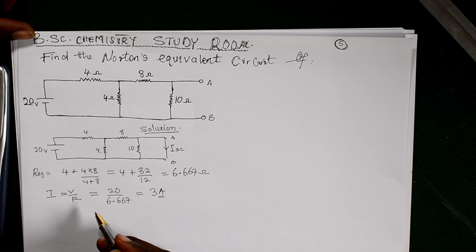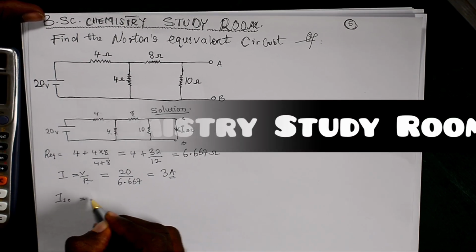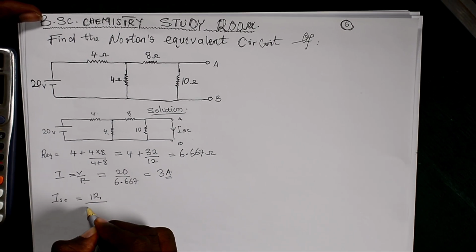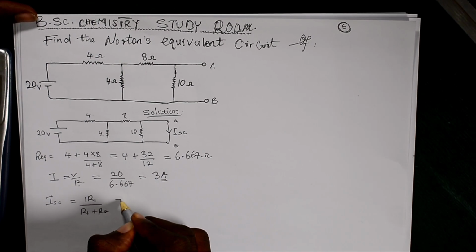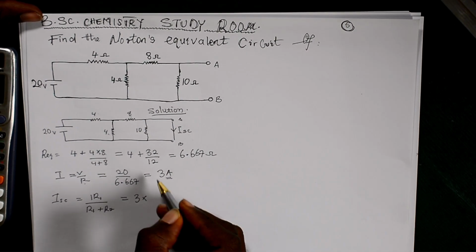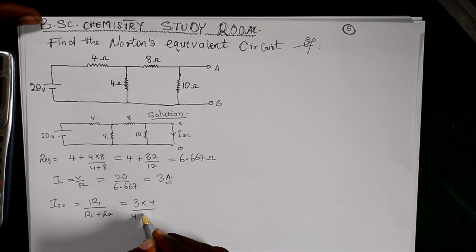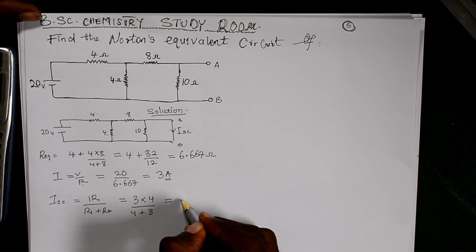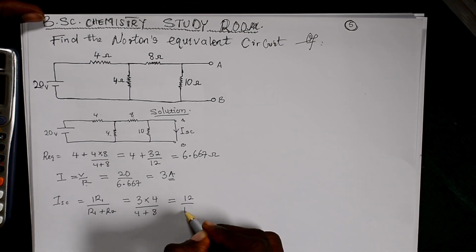So now we are going to use current divider, which says Isc will be equal to I R1 all over R1 plus R2, which is equal to, the current is 3 ampere times R1, 4, all over 4 plus 8, which is equal to 3 times 4 is 12, all over 4 plus 8 is 12.